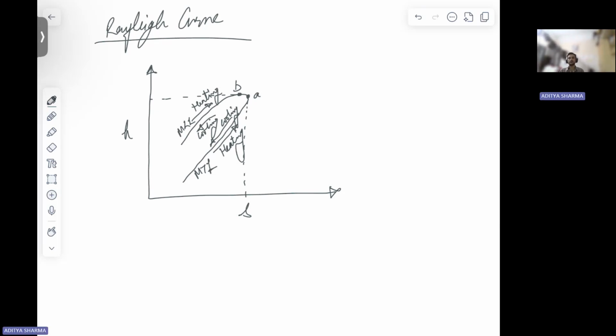This curve has two halves, one is the upper half and one is the lower half, which are divided by point A. Then there is point B also.